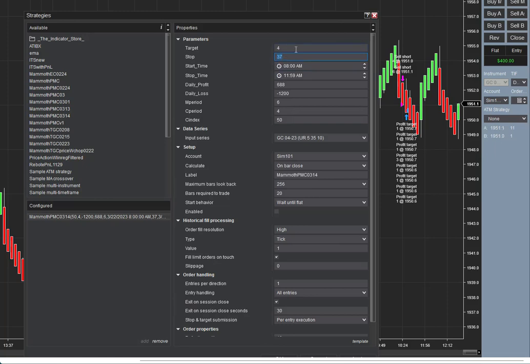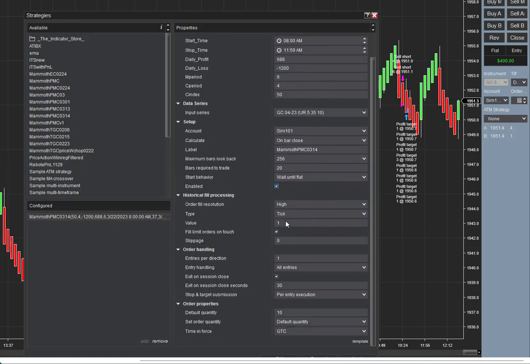The reason is that one reversal bar is a 35 tick bar, and 37 is basically 2 ticks on top of it. The trading time is 8 a.m. Central, same as this. Daily profit you set at 688, and daily loss is 1200. Now, enable this account and this strategy, and the rest of the settings are the same.